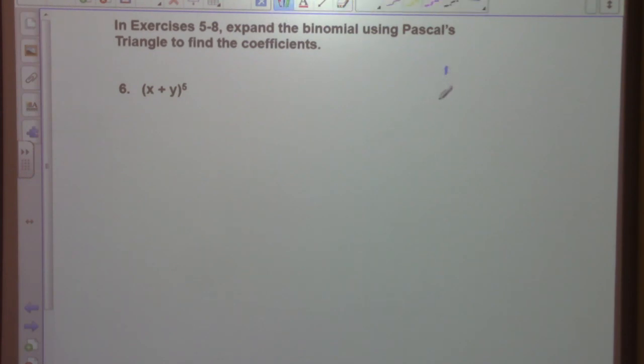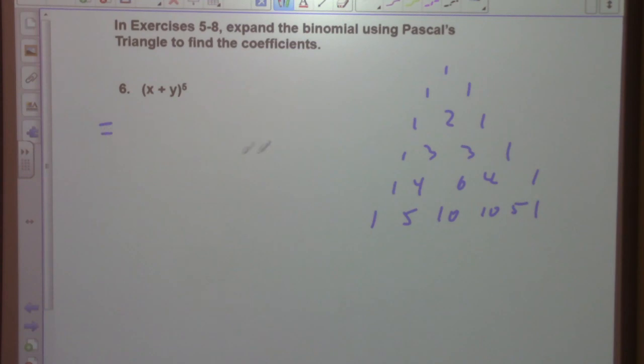And if I was using Pascal's triangle, I would use this thing right here.